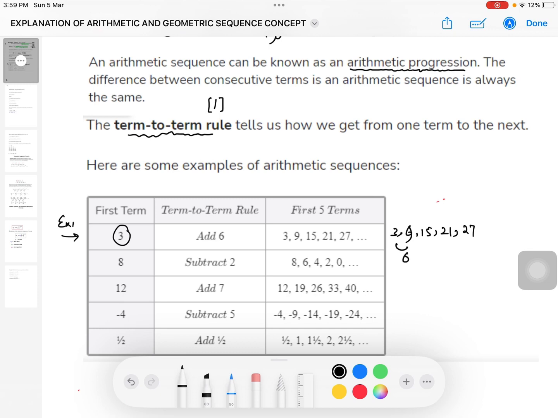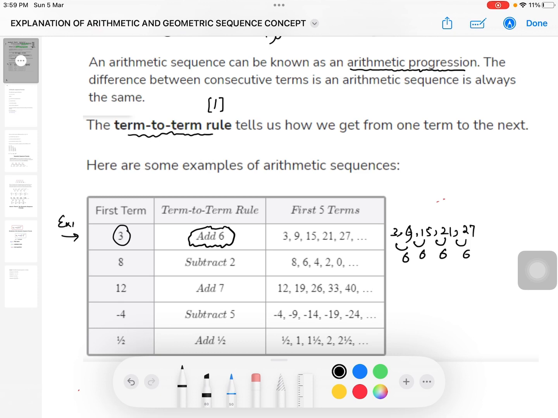The difference of these terms is 6, as we discussed earlier. So this is an arithmetic sequence, and the term to term rule is add 6. So you are adding 6 to every term to get the next term. So here we have this term to term rule.